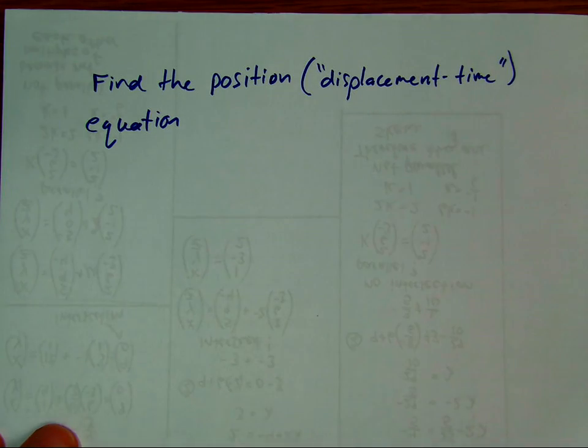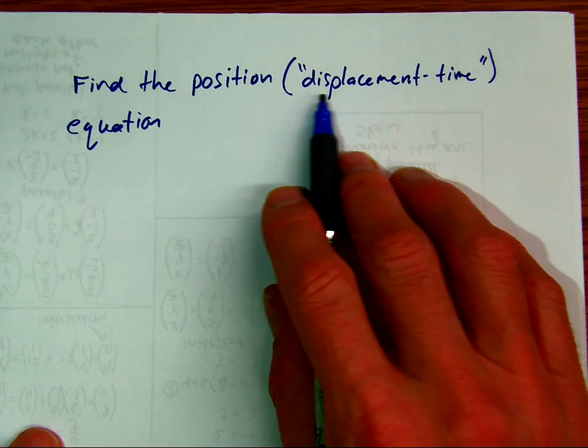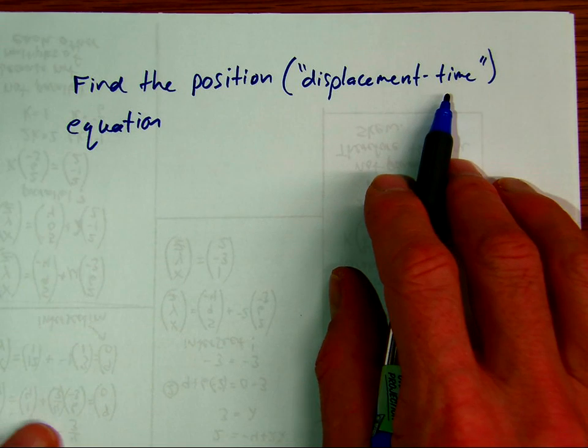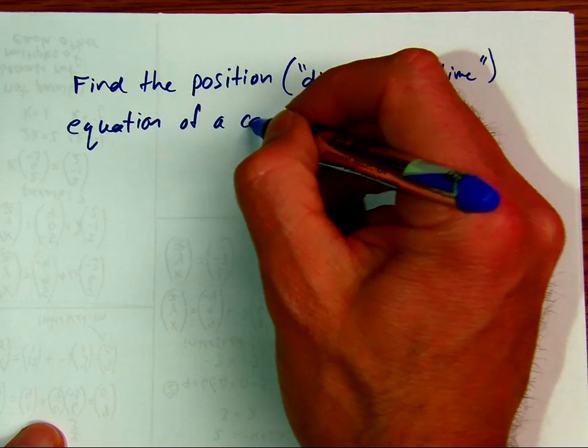Okay, find the position equation. Well, that's what we just found. Sometimes it's called displacement time equation of a car.